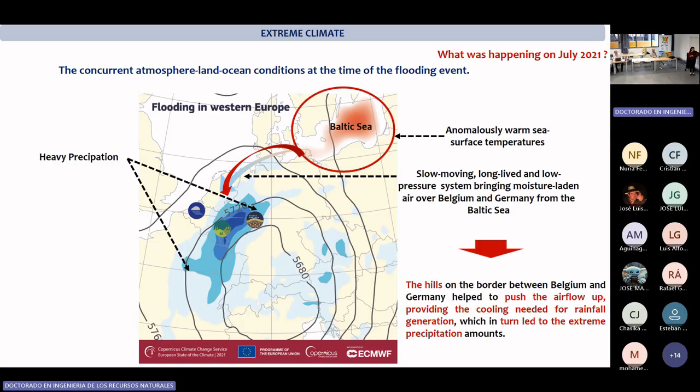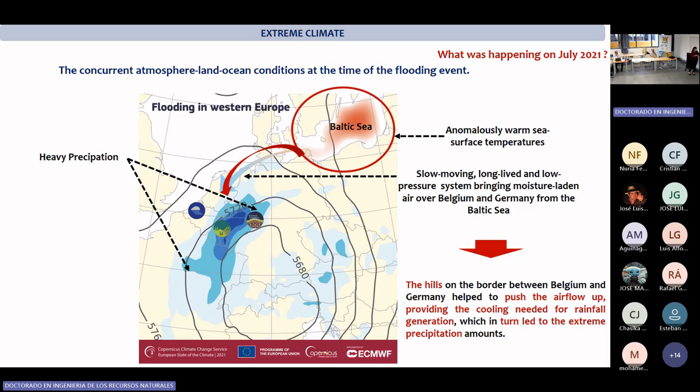Then we have cooling and rainfall generation, very severe rainfall, and it all led to extreme precipitation anomalies.